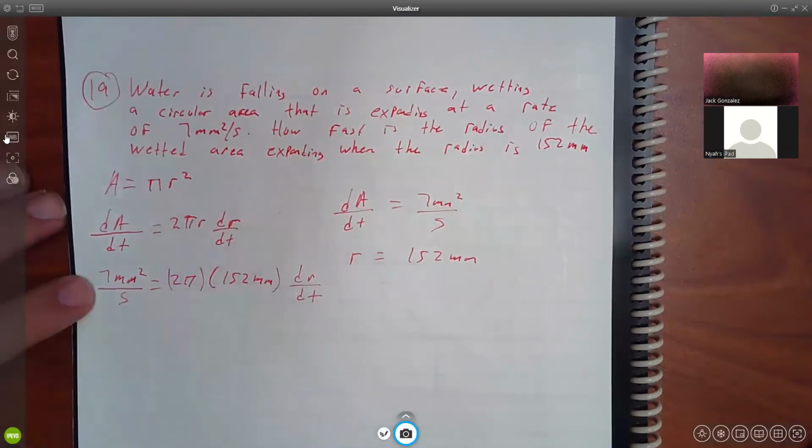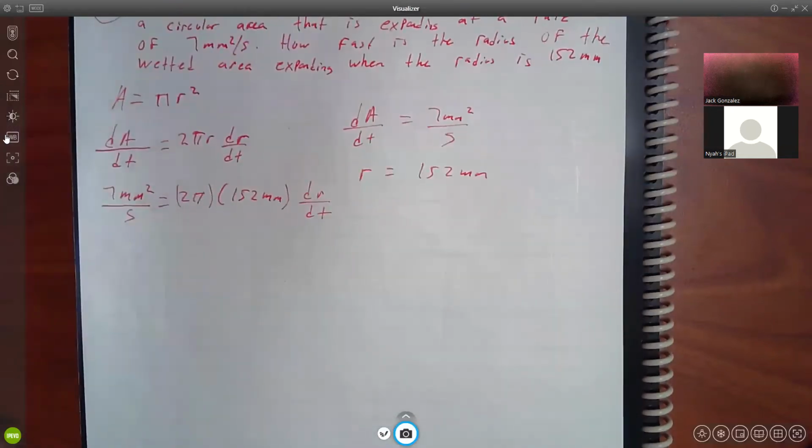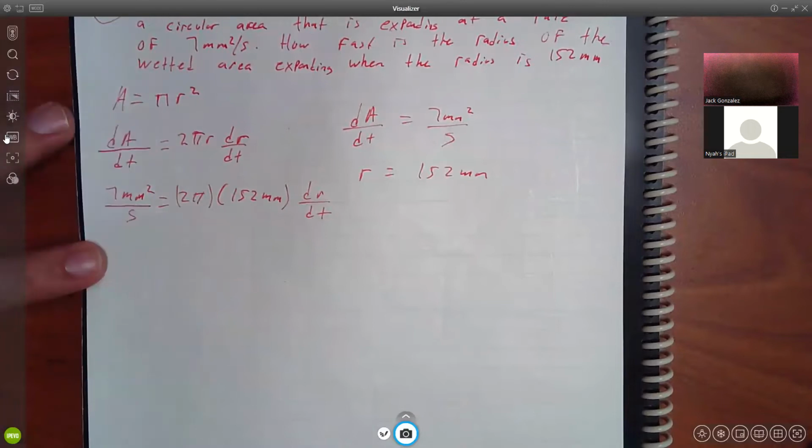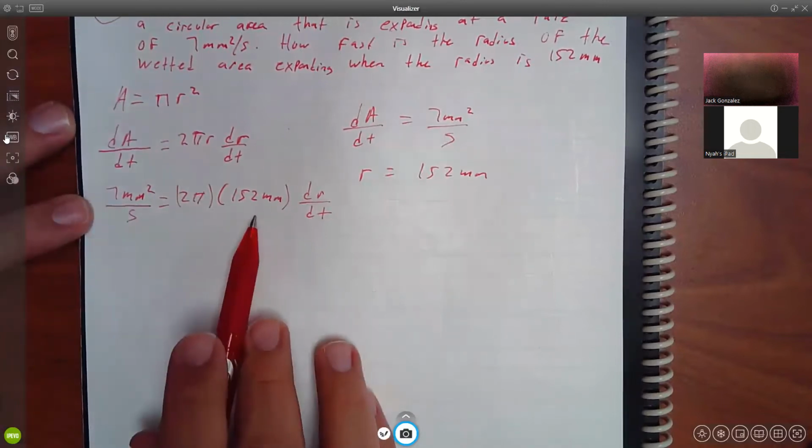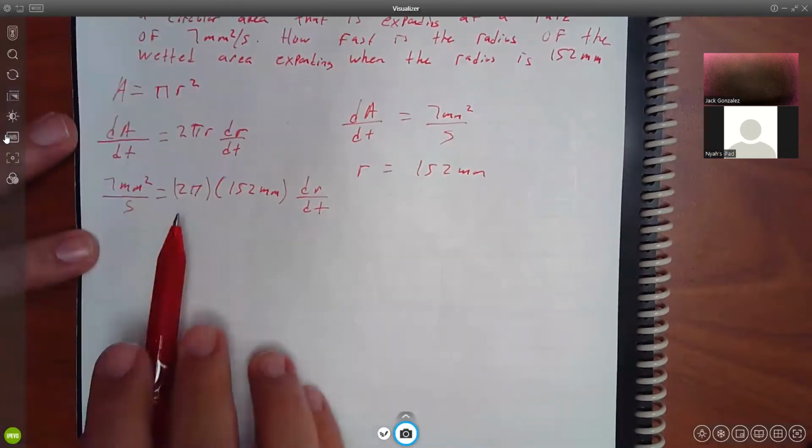Okay, you gotta hook me up at this point. That makes sense. Yes. Divided by 152 millimeters and 2 pi.